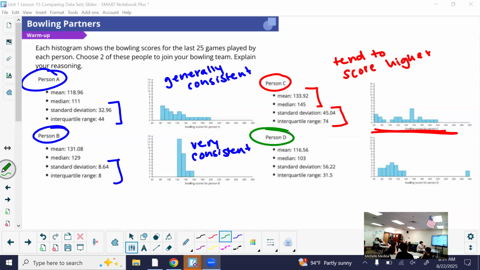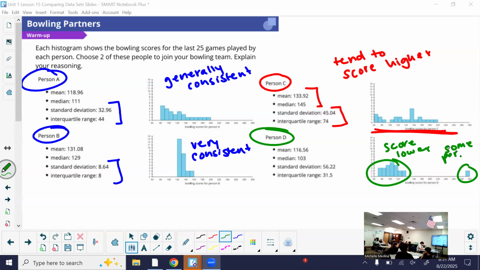Can anyone give me a reason someone might pick person D? Yes. Okay, so because of this, they tend to score lower. However, occasionally, and on more than one occasion, if you read the y-axis, they tend to have some perfect games.